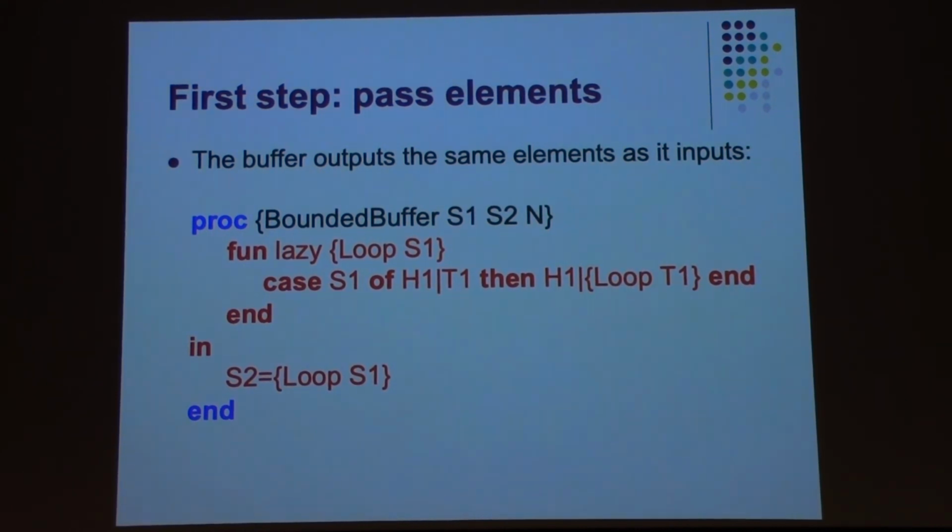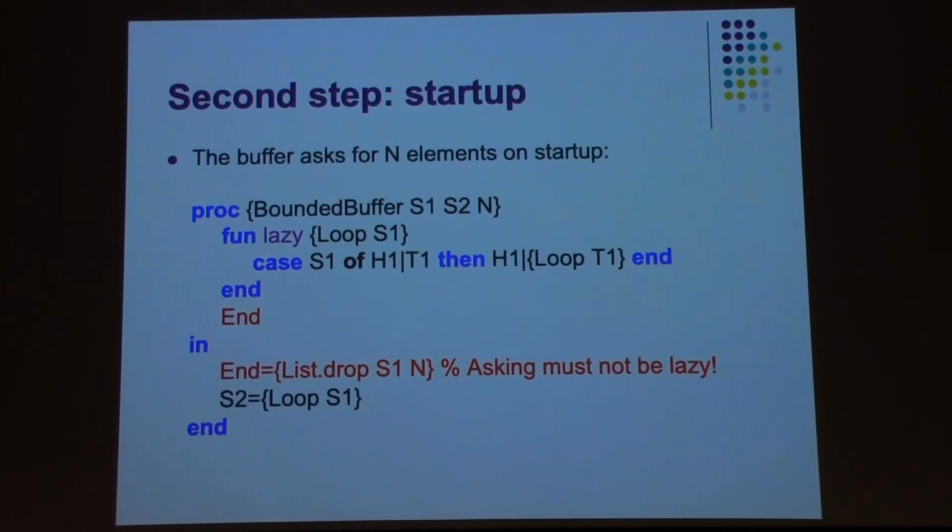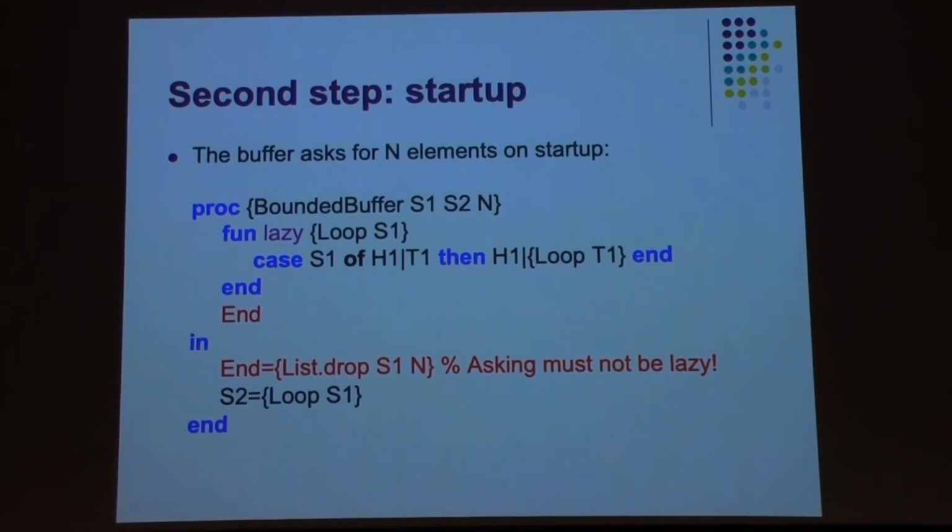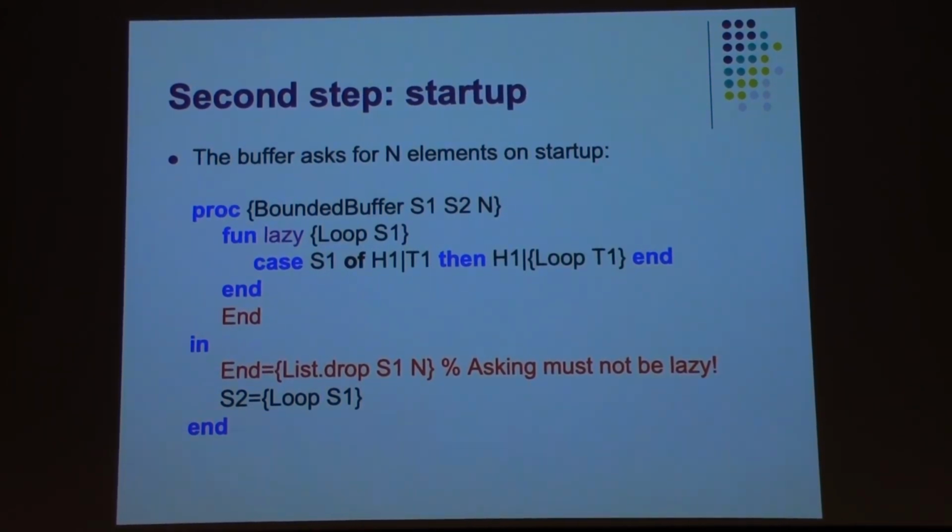But we need to do more now. The next step is when it starts up. When I start up the system, the bounded buffer will immediately ask for n elements from the producer. The bounded buffer is empty when it starts up. So it will immediately ask for n elements, which means eagerly, from the producer, so that it can fill up.